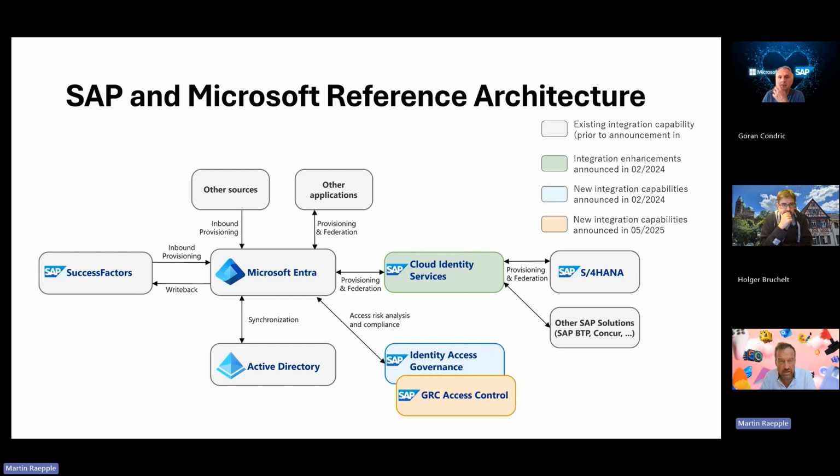Certainly, this also contains a lot more components, such as, for example, Entra ID governance, which is another key component in Microsoft Entra, and that we will take a very close look at in today's session.